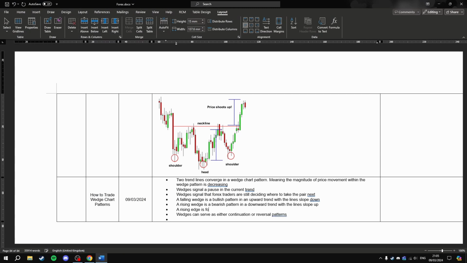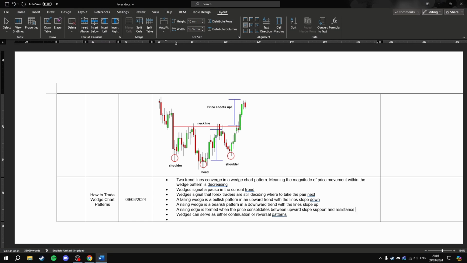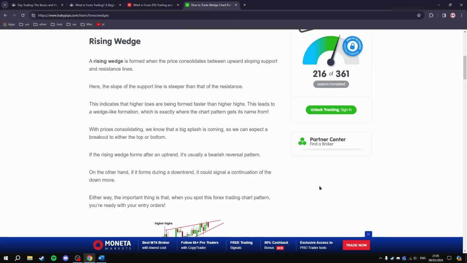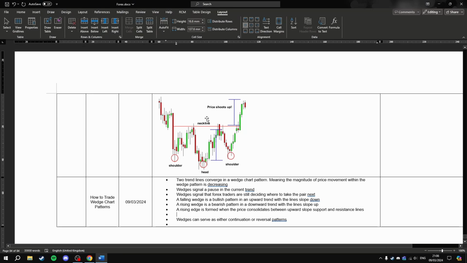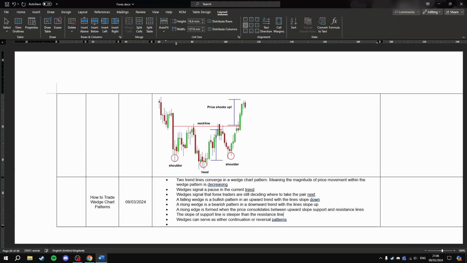Here, the slope of the support line is steeper than that of resistance. The slope of the support line is steeper than the resistance line.